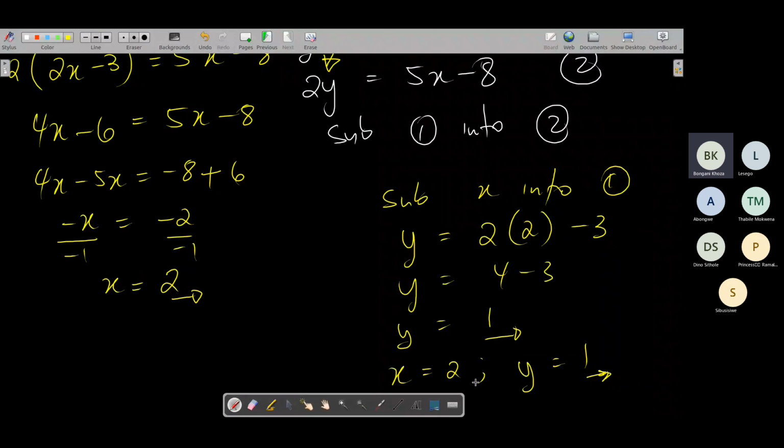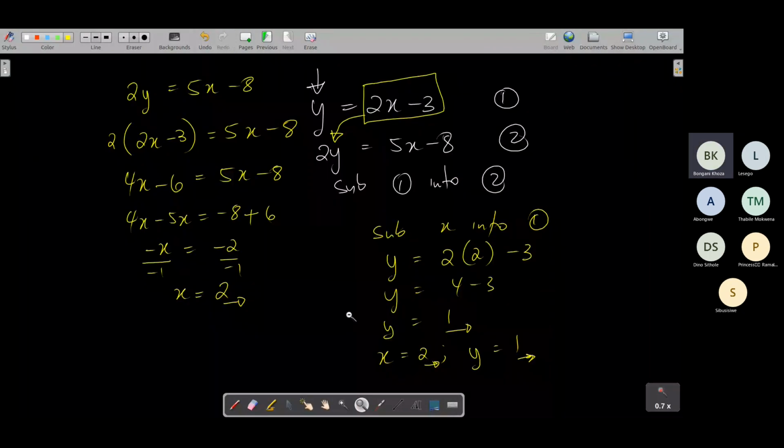Are those the solutions we got in the elimination? There you go. Wonderful. So you choose a method that is simple or fast for you. If I specify, I'm going to solve this by method of elimination or by method of substitution, then you use it. Otherwise, you look for a method that is fast and that you understand better. So my methods are 2.